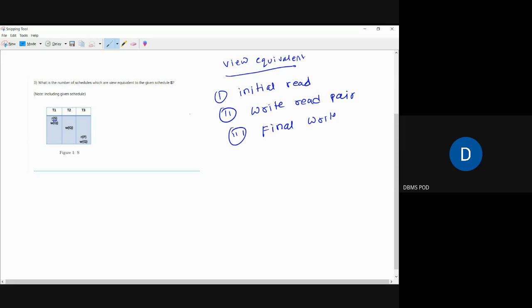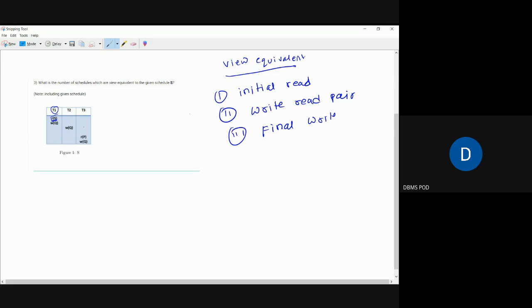So you can see that the initial read of S is done only by T1. T2 is not doing anything on S, and neither is T3. Only T1 is reading the S data item, not T2 and T3, correct?